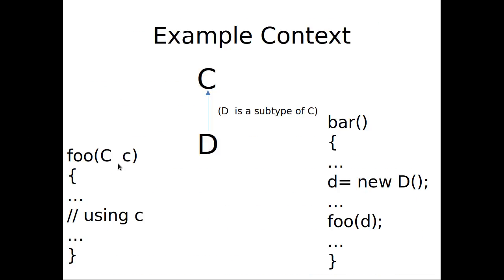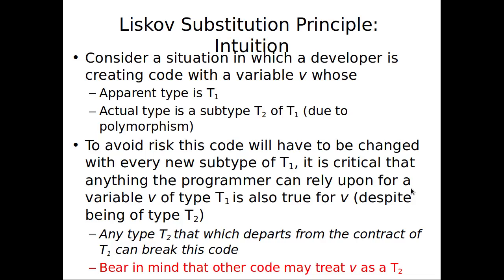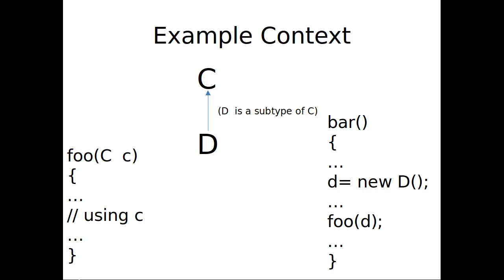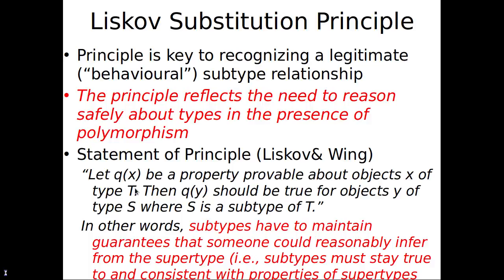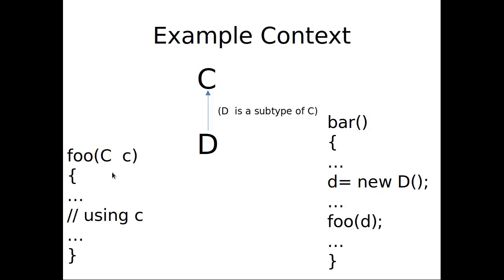So here, the apparent type is C, but the actual type is D. In order to make sure that this code that's treating it as a C doesn't break every time we create a new subtype, E of C, F of C, D of C, we need to make sure that what that programmer is counting on over here, treating it as a C, stays true. They're counting on these features of being C because that's all they know about.